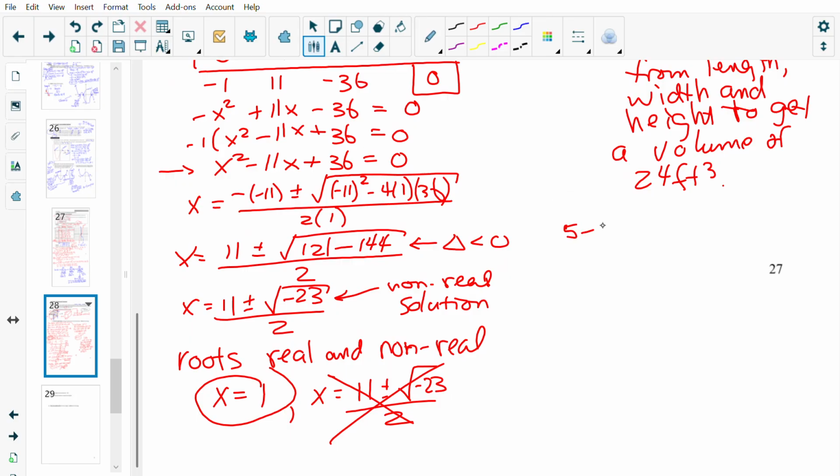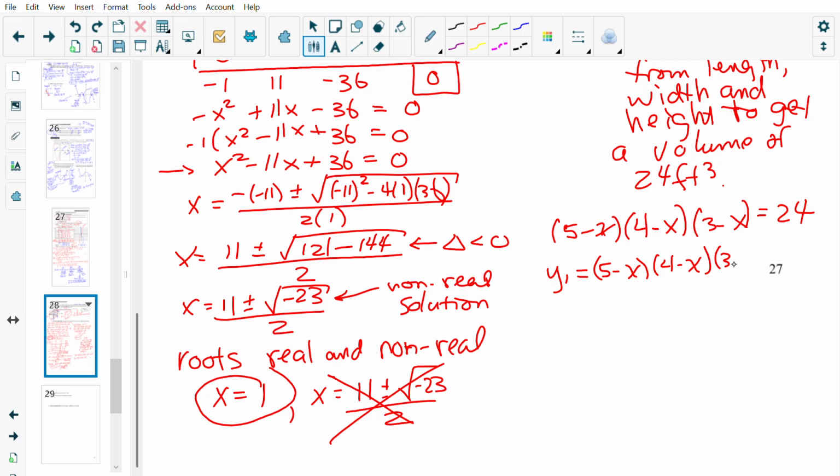Okay, so if I'm starting with this equation, when I graph this, I'm going to use the intersection method. y1 equals 5 minus x times 4 minus x times 3 minus x.